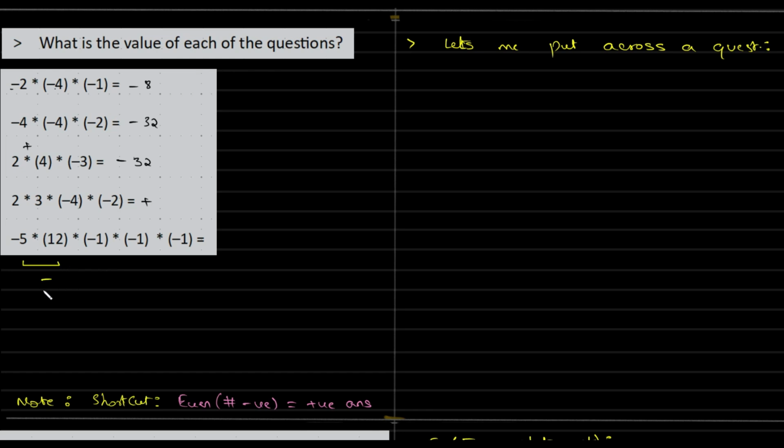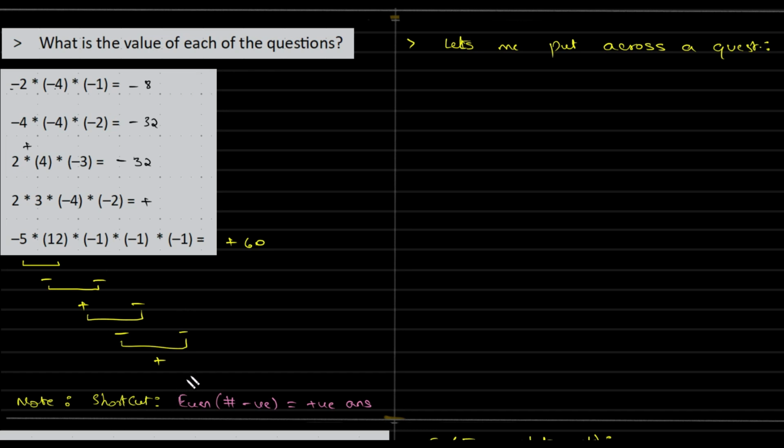Negative into positive is negative, and then I'll consider the next number. Negative into negative is positive, right? And this is negative. Positive into negative is negative. The next number, negative into negative is positive. Okay, at the end of it you have positive, and over here it is 60, right?